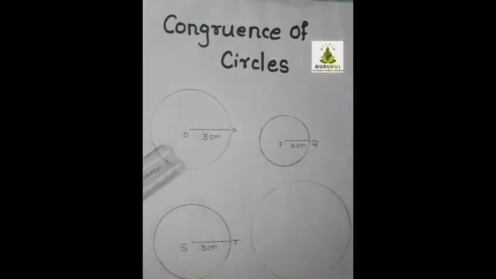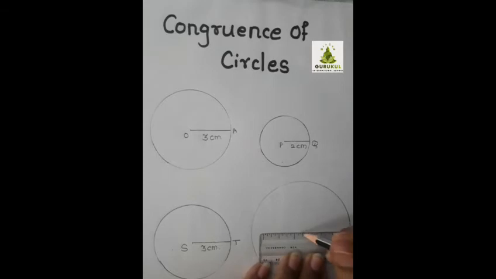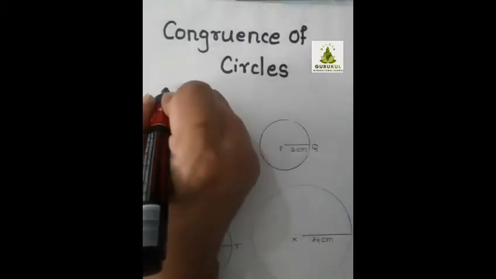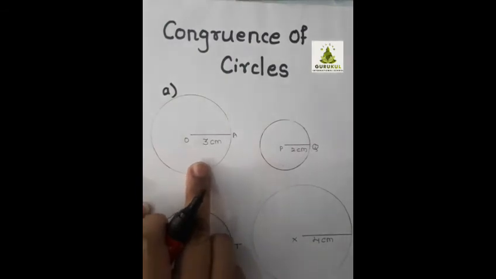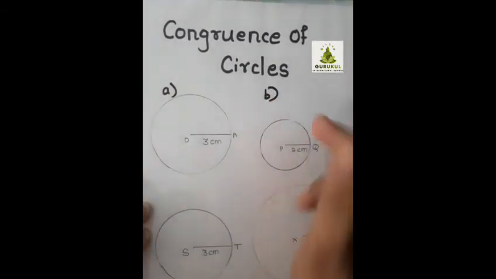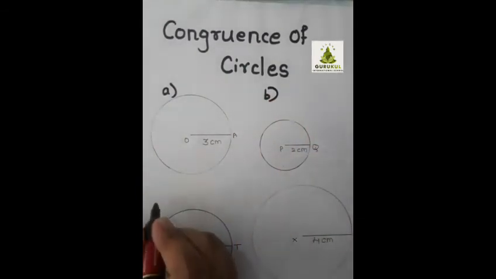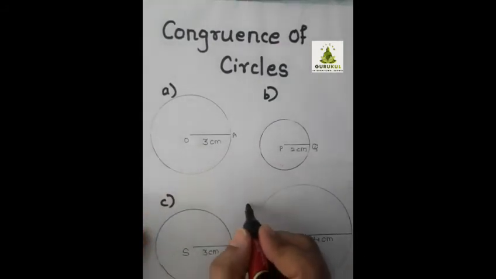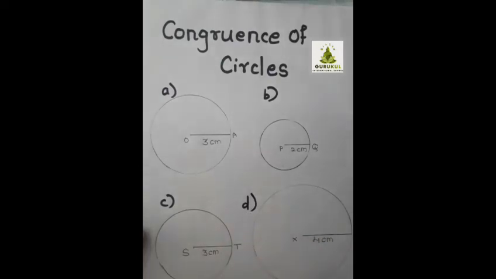So this is the circle of the radius 4 centimeters. So 4 circles I have drawn here.